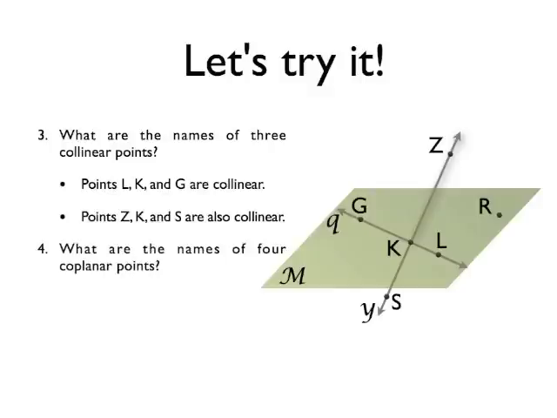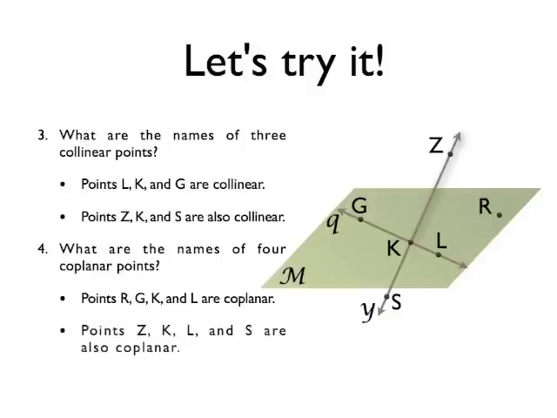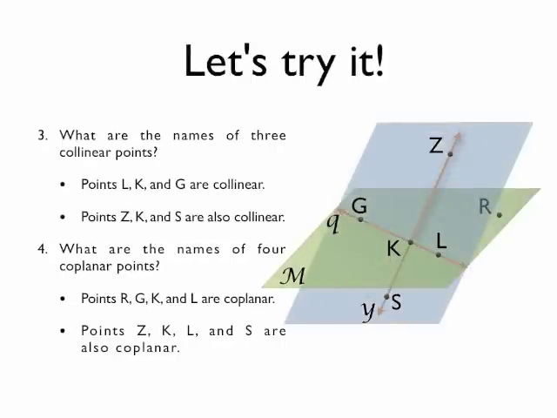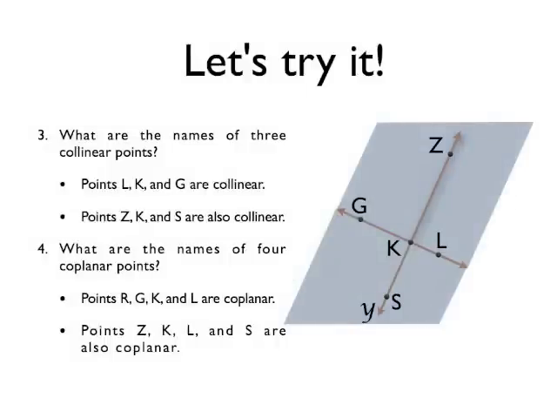Well, the easy ones to name are points G, K, L, and R because they're all in plane M. However, also notice that points Z, K, L, and S are coplanar. There is a plane that contains those 4 points. Just because something is not visible within a figure doesn't mean it's not there.